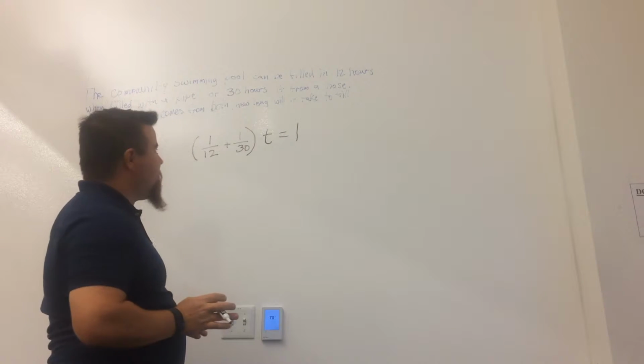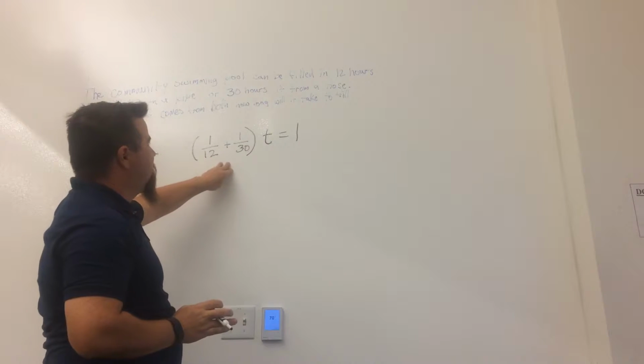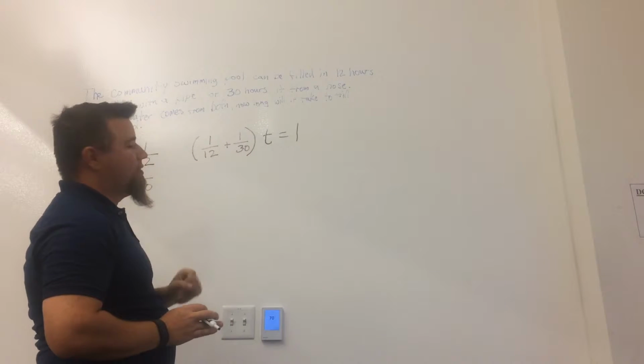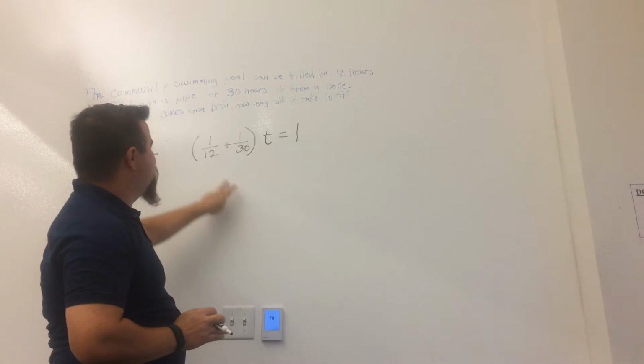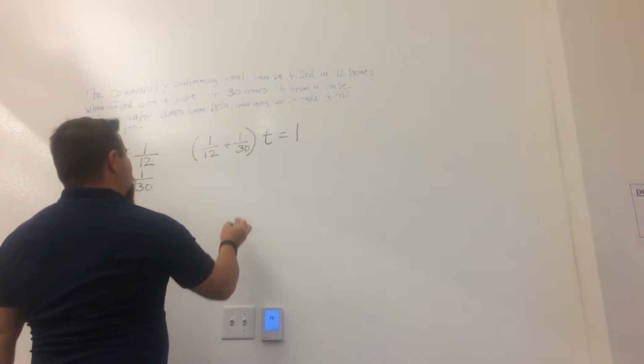Okay? So what we can do now that we have the equation is distribute the T to each, the pipe and the hose.